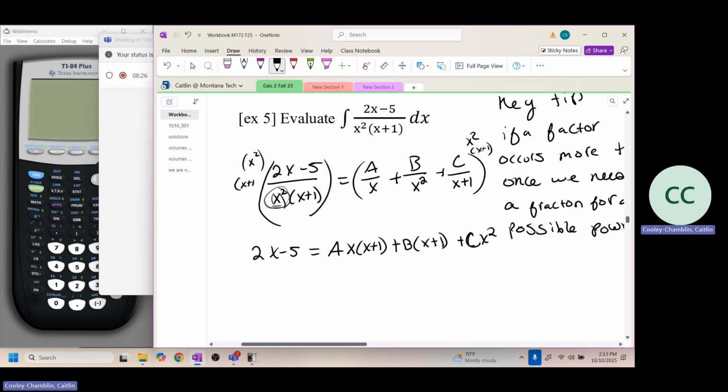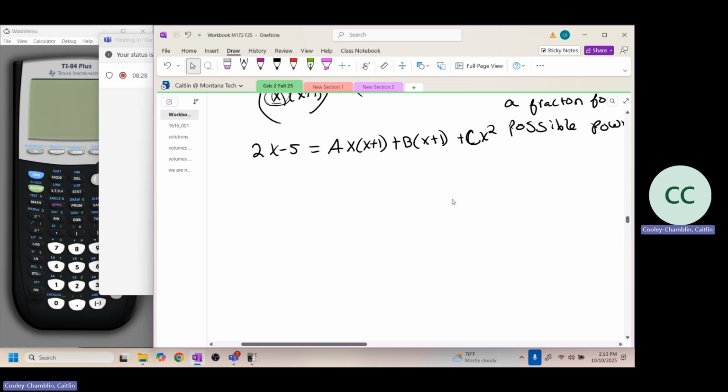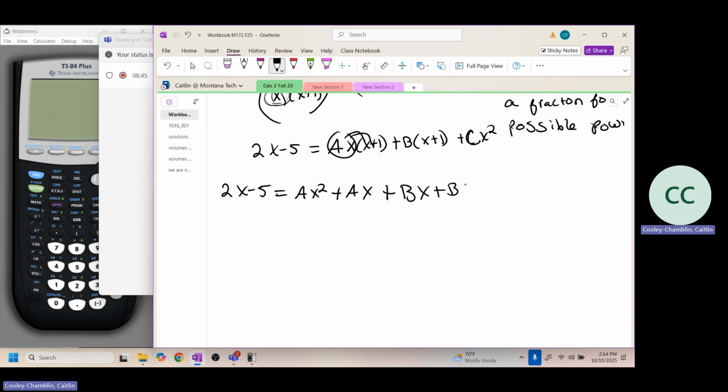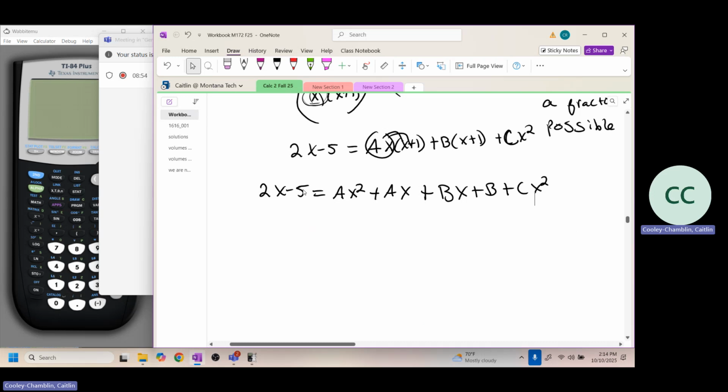Okay, so multiplying that in, we get 2x minus 5 equals ax squared, multiplying this in here, plus ax plus bx plus b plus cx squared. Okay, so now I'm going to rearrange this to make it look like this side.